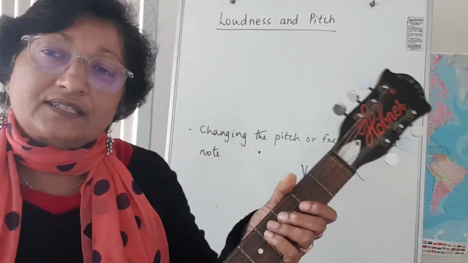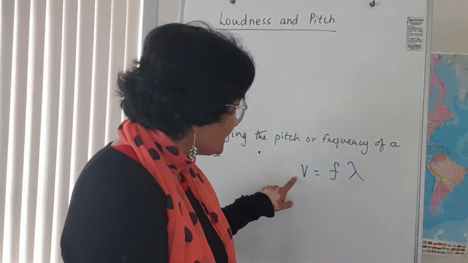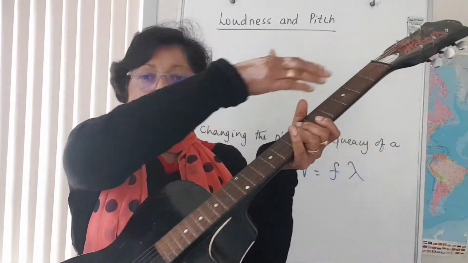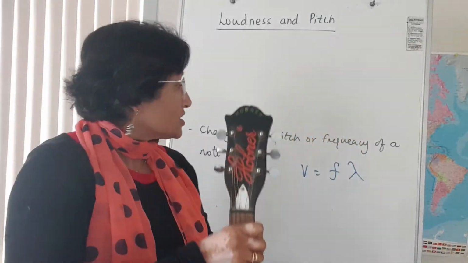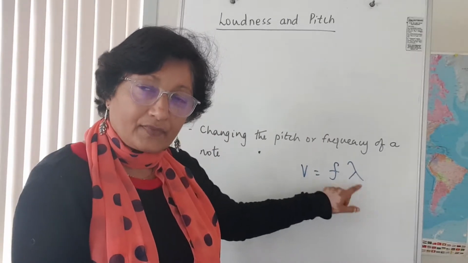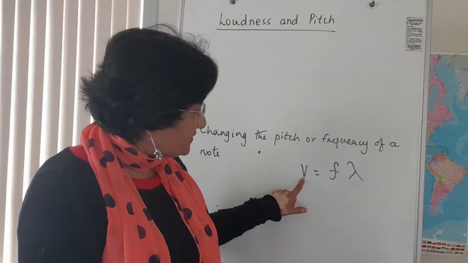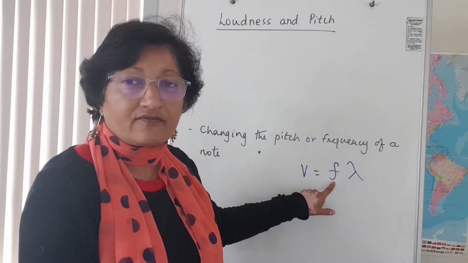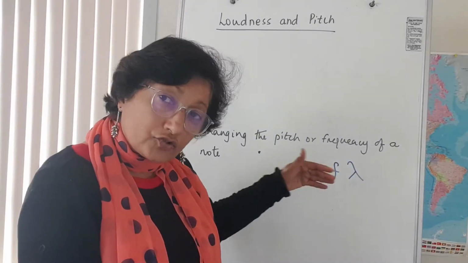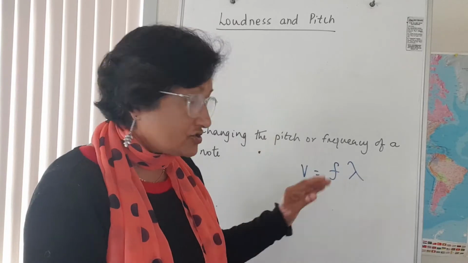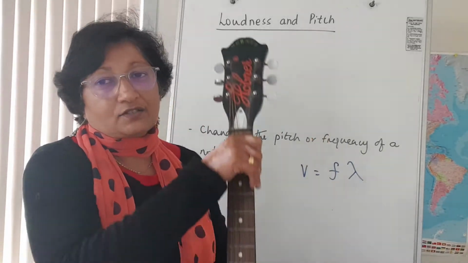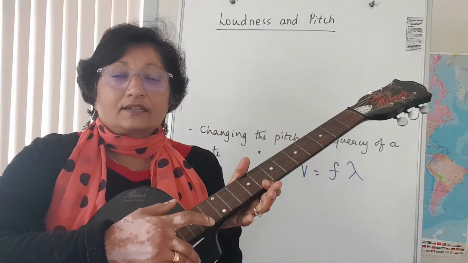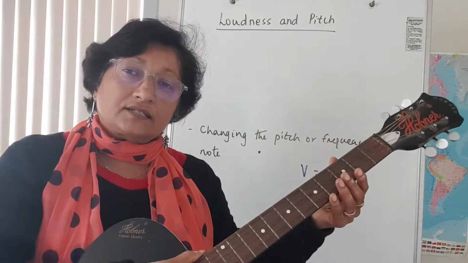So if the speed of sound is less, but the length of the string is the same, so the wavelength's the same, the frequency is lower. So if v increases, frequency will increase. So the faster sound travels through a particular string, the higher the pitch. And that's why you get a higher note on a thinner string, because sound goes faster through it.